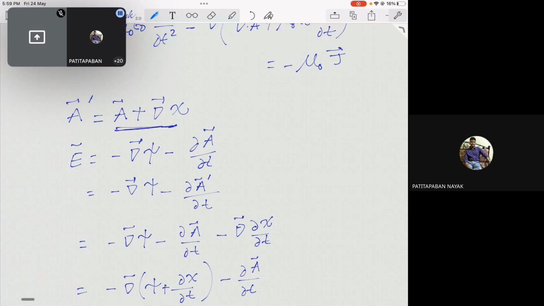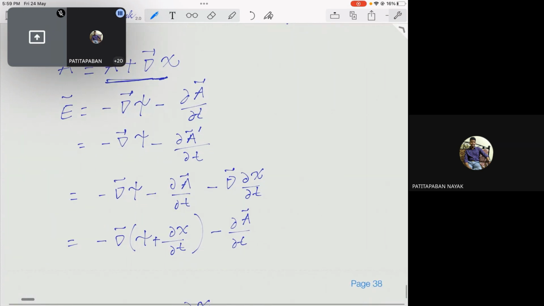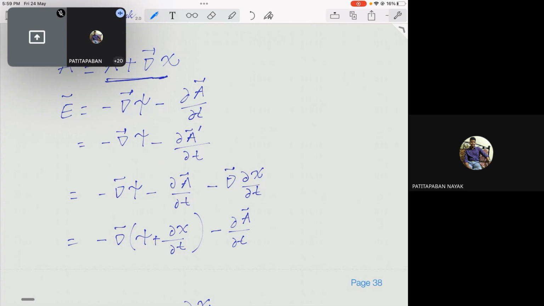When we change it, we have to change the electric potential also, in such a way that the electric field will remain invariant, not constant. We should not say constant, but invariant. Yes, invariant. So we have to add or subtract that term so that the equation remains the same.